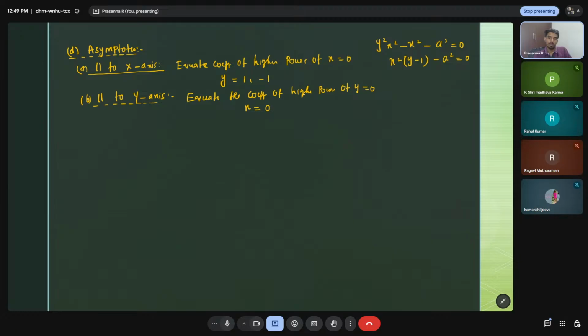Yes, correct. So the vertical asymptote is x is equal to 0 and the horizontal asymptotes are y is equal to 1 and y is equal to minus 1, right?